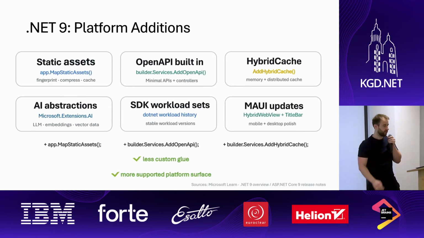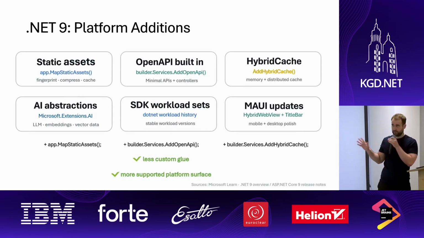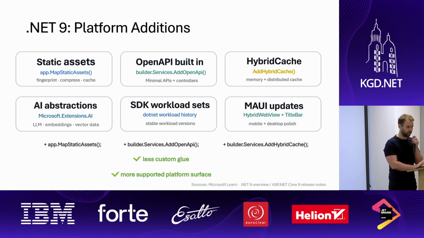So just to remind, let's go one by one through what we have in .NET 9. We have a better way to configure our static assets. We have OpenAPI generation as a built-in part of the stack.